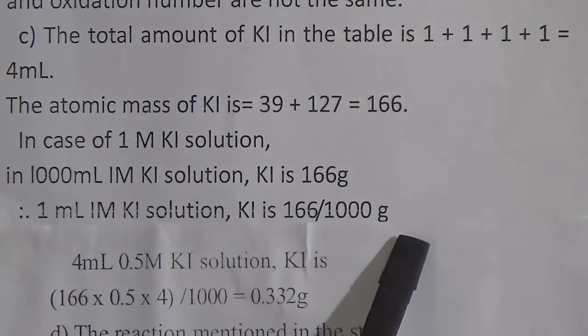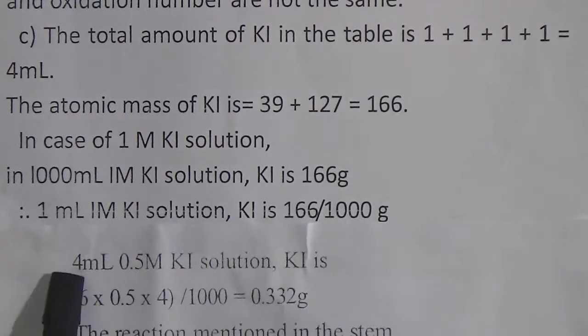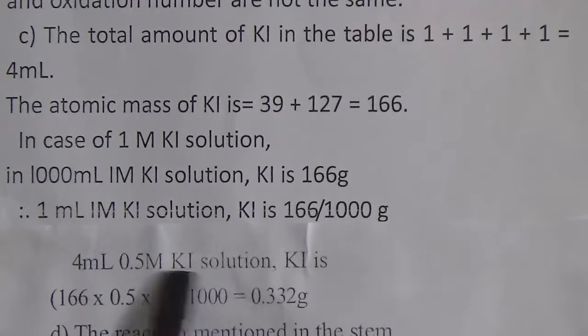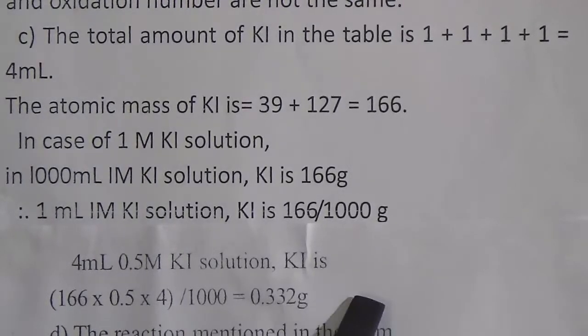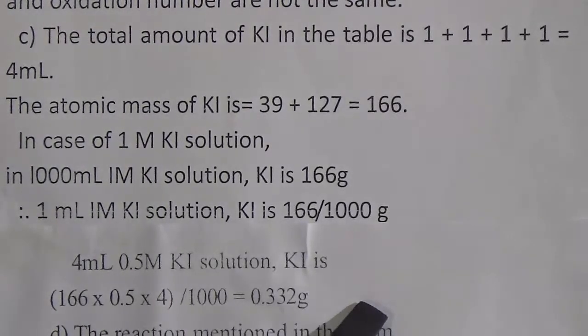But here, in the table, it is written that we have used 0.5 molar potassium iodide solution. So for 4 ml of 0.5 molar potassium iodide solution, after doing the calculation we will get 0.332 gram of potassium iodide used in the period.